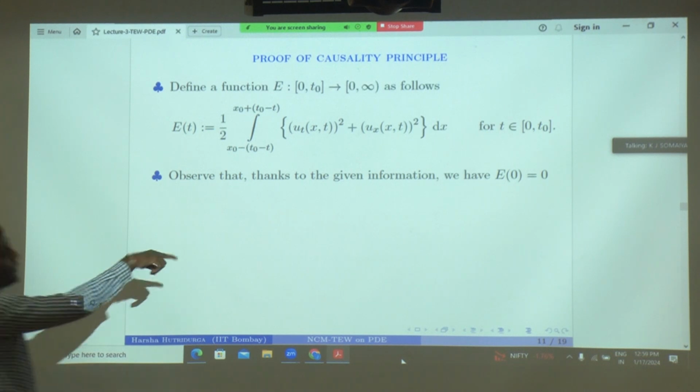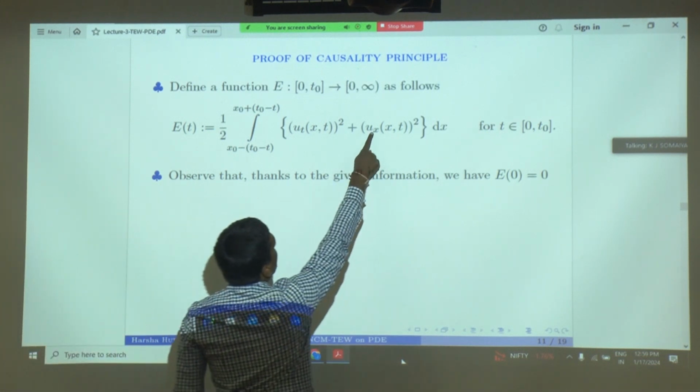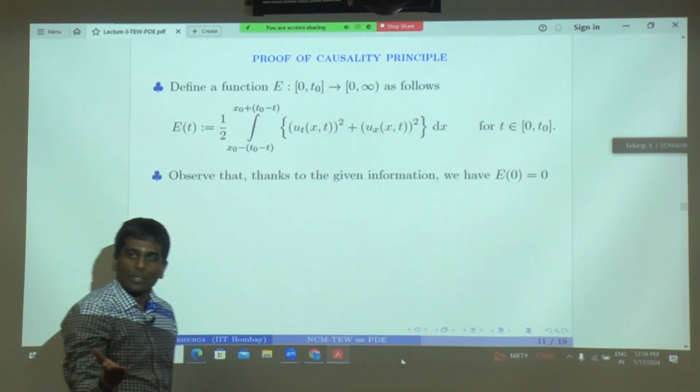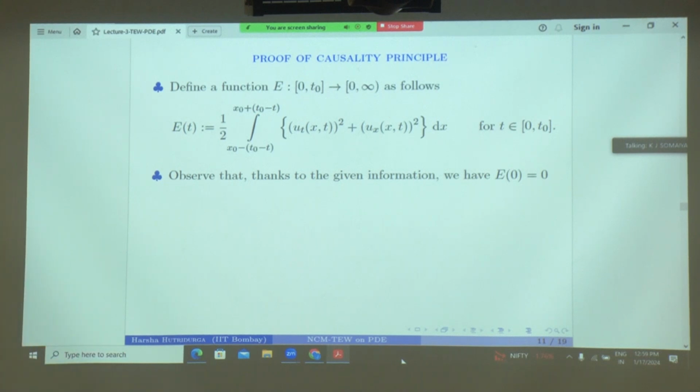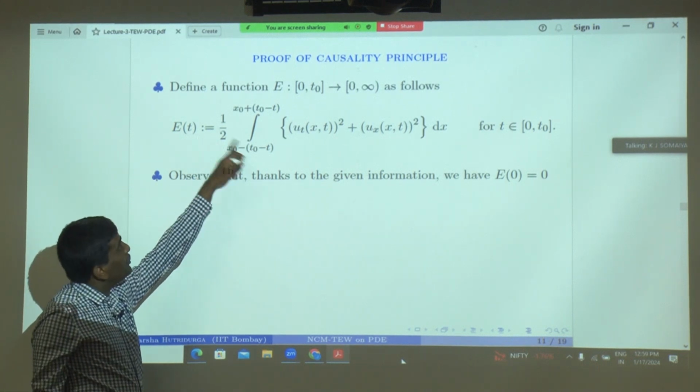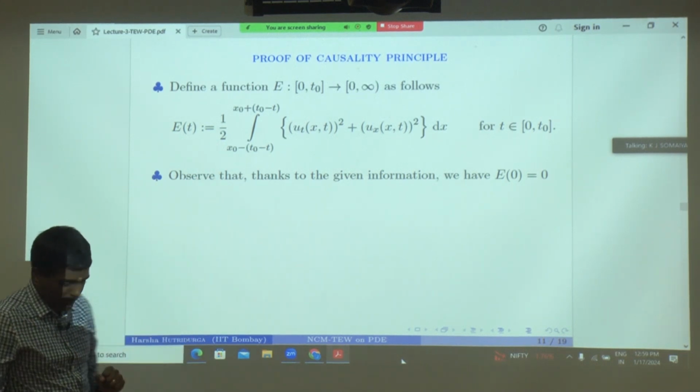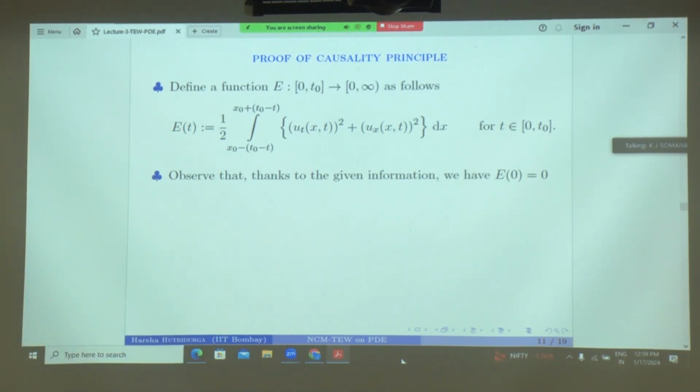And if your u is 0, you are differentiating with respect to x, that is also 0. So you are actually summing two zeros there. So when you integrate, you get 0. So this is the first observation, that E of 0 is 0. So that means when you are taking the integral along this line, it is just 0. And the second observation is that E is non-negative, because it's just integrating non-negative quantities.